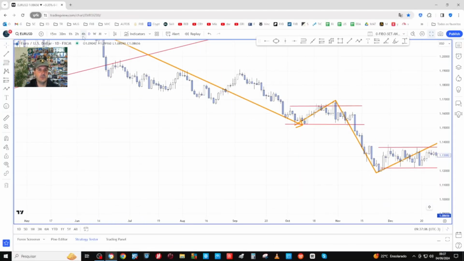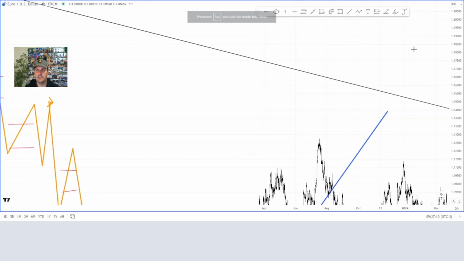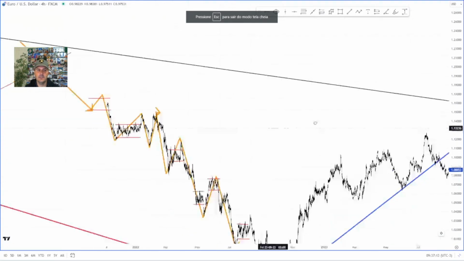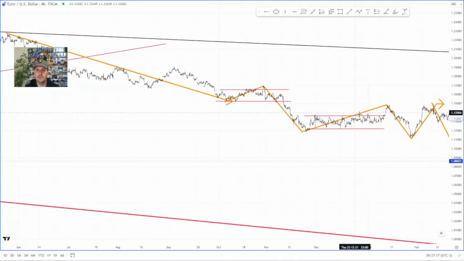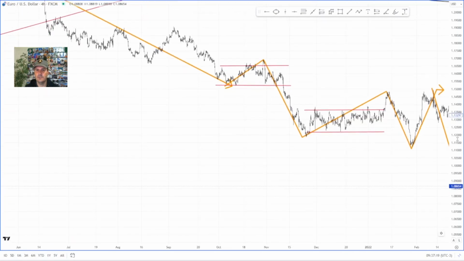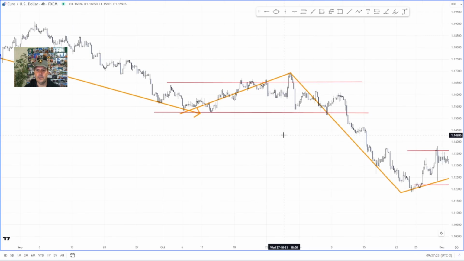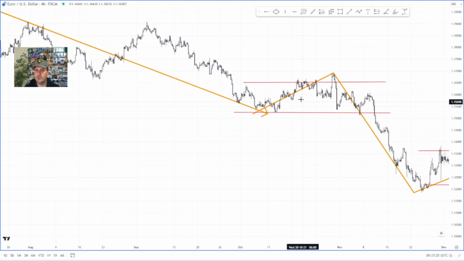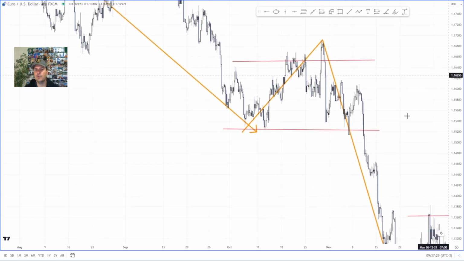Let's go on the 4-hour chart, it's going to be better. Maybe, just maybe, you even have small ones, see in here everybody, you have even smaller consolidations.